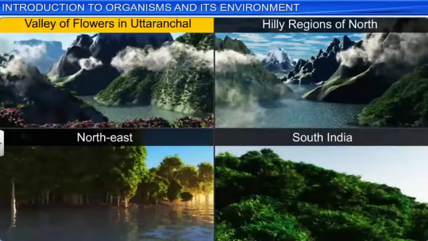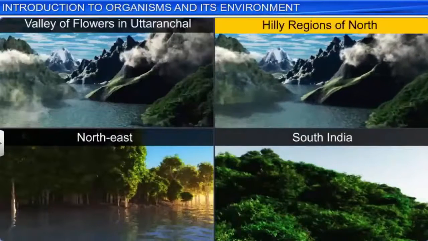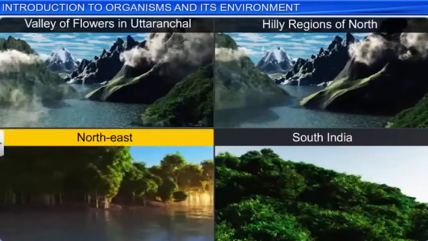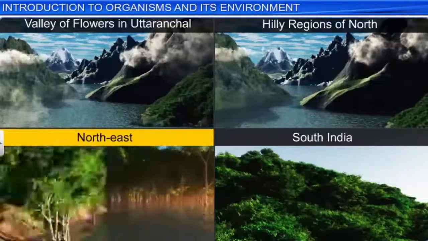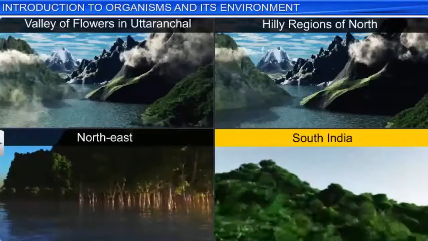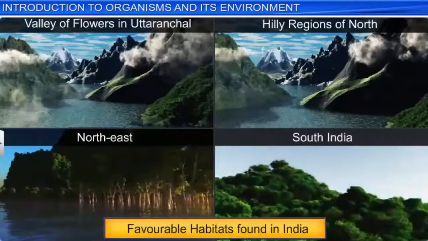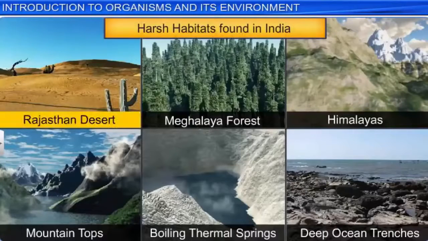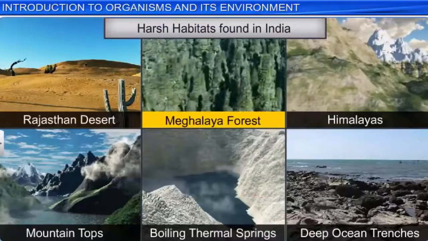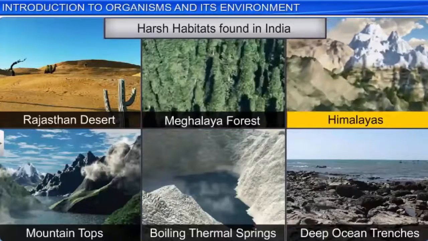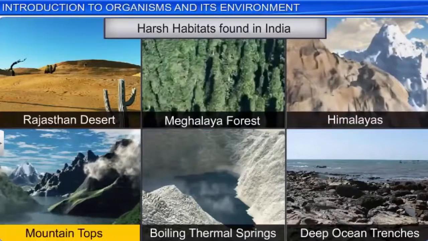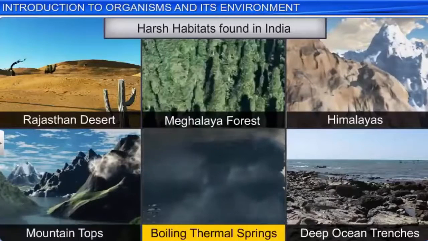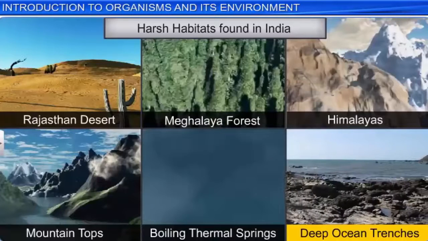The Valley of Flowers in Uttaranchal and the hilly regions of North, Northeast, and South India are some favorable habitats found in India, while some harsh habitats include the scorching Rajasthan desert, perpetually rain-soaked Meghalayan forests, permafrost regions in the Himalayas, mountain tops, boiling thermal springs in Uttaranchal and Sikkim, and deep ocean trenches in the Indian Ocean.